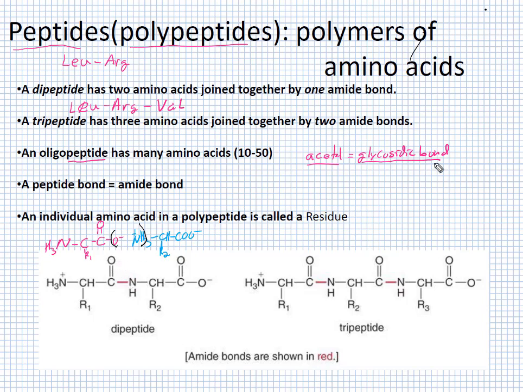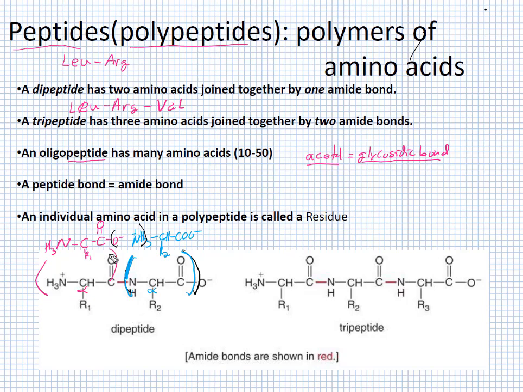So here again we have, this is that second amino acid here in blue, right? The carboxylate, its alpha carbon, right? So here's its alpha carbon with the R group, the side chain, and its amino group. And then we have this guy on the left, again, the carboxylate, its alpha carbon and its amine.